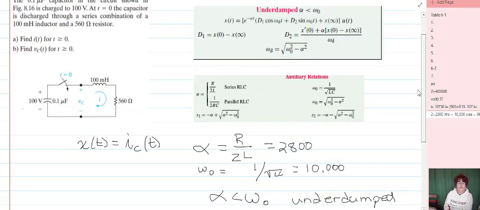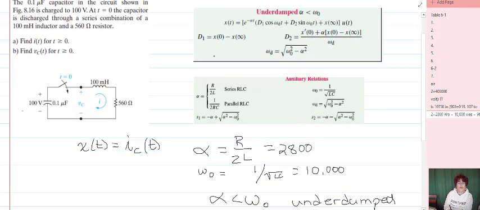All right, so we need to find D1 and D2. So D1, our function here is current through the capacitor. So this will be IC of 0 minus IC at infinity.